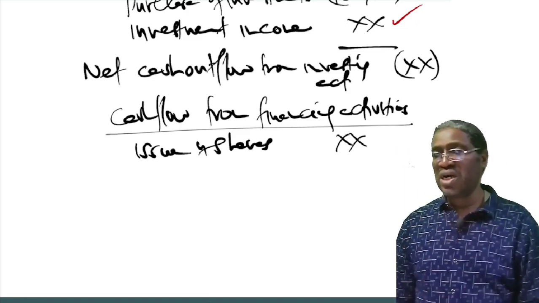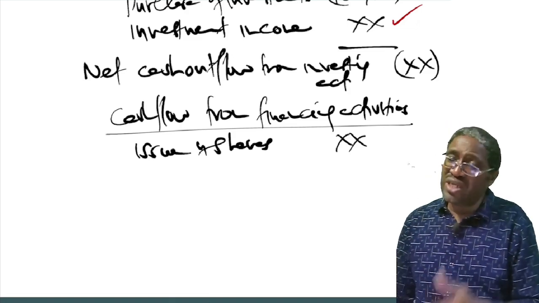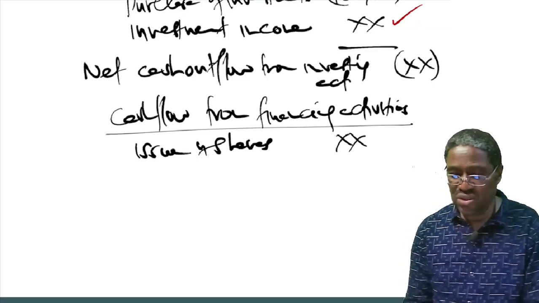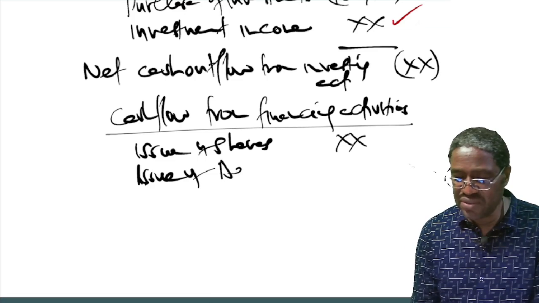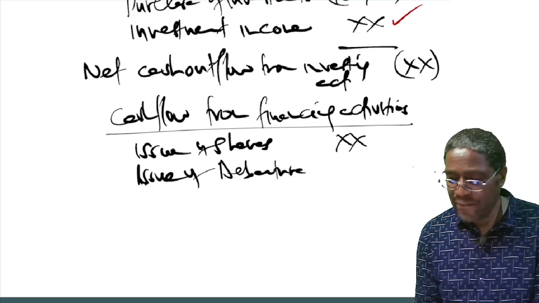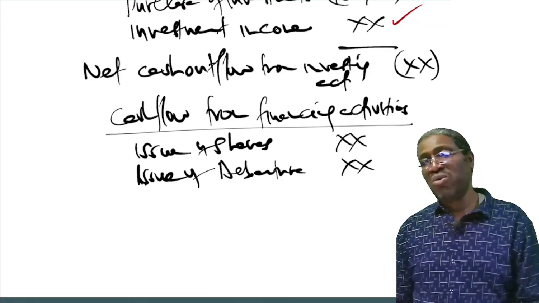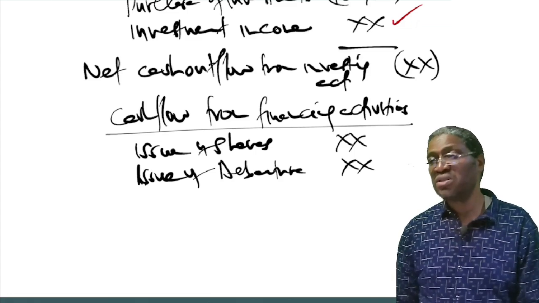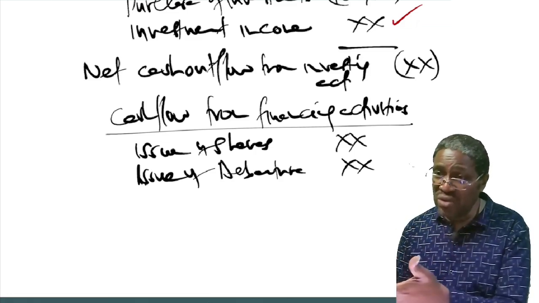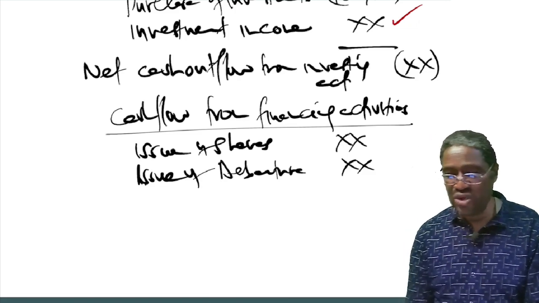Also, if the company wanted to borrow finances, you decided to issue some debentures. Good. Issue of debentures, that's an inflow. Maybe you had borrowed some finances in the previous years in the form of loans, and maybe your loans are going down or going up. Let me assume the loans are going down.